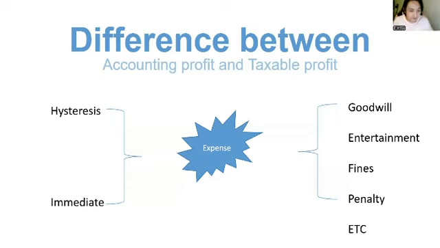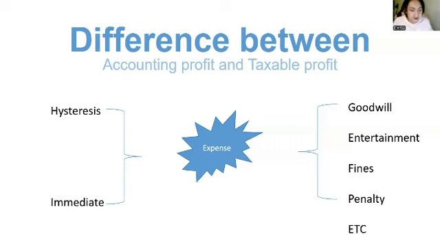At the same time, it also has hysteresis. Accounting profit recognizes income or expense when it occurs, while taxable profit only recognizes it once it has already been paid. So it would be different in a given period. It has an impact on calculating depreciation.